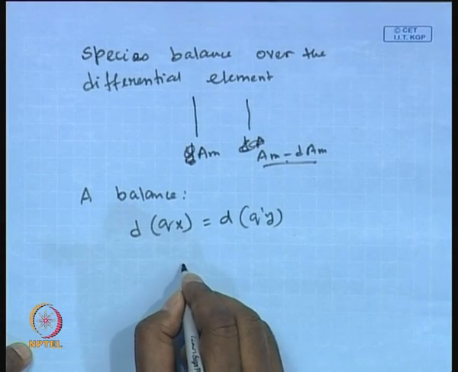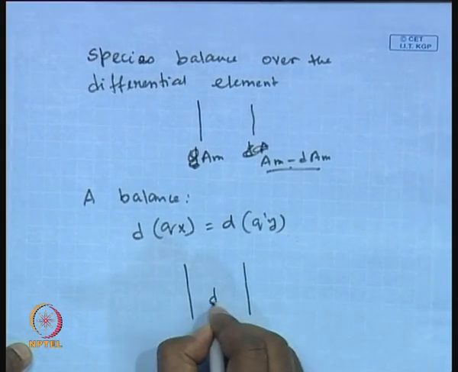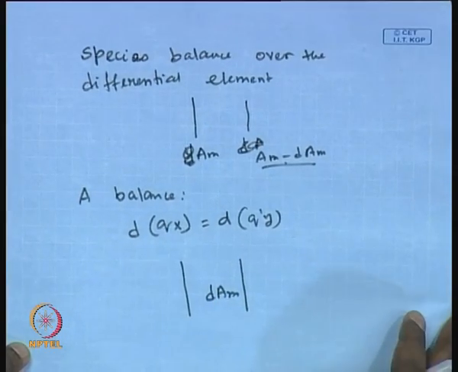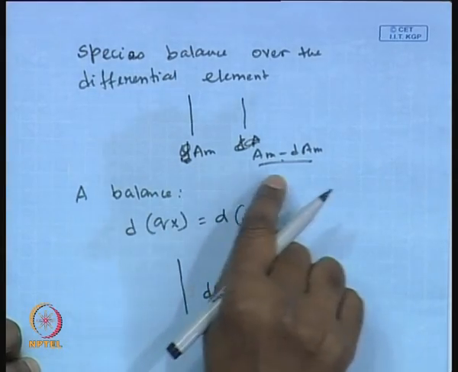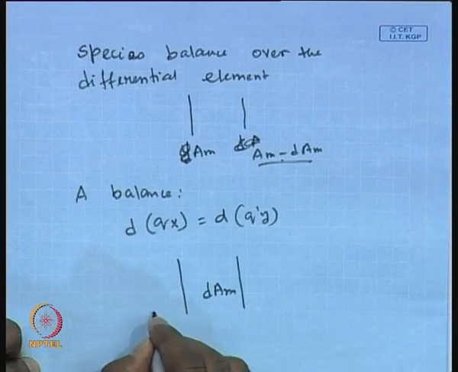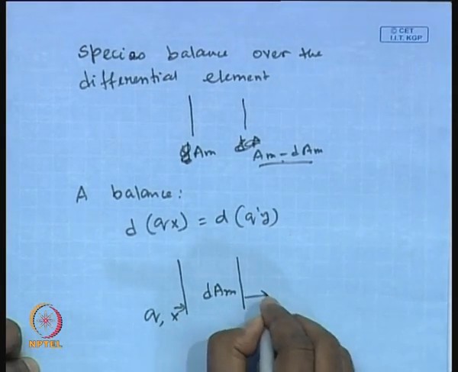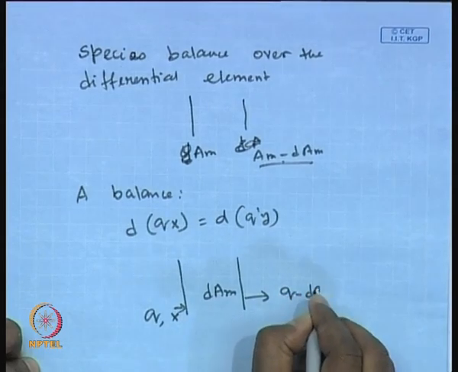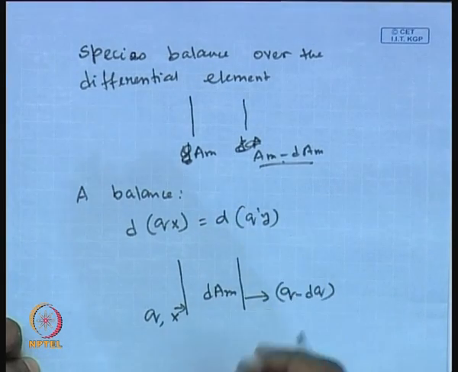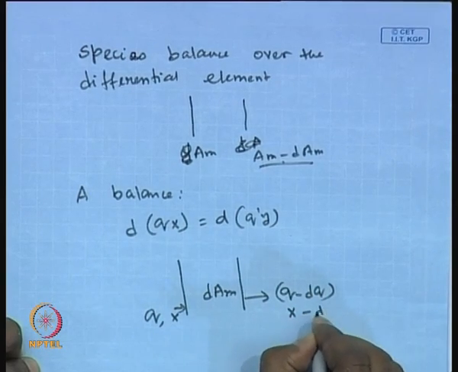The differential balance can be shown schematically like this. This area is dAm, between Am and Am minus dAm. Now, Q and x is going into the system, and what is going out is Q minus dQ is the flow rate, because some amount of permeate is going out, and it will be depleted in x.